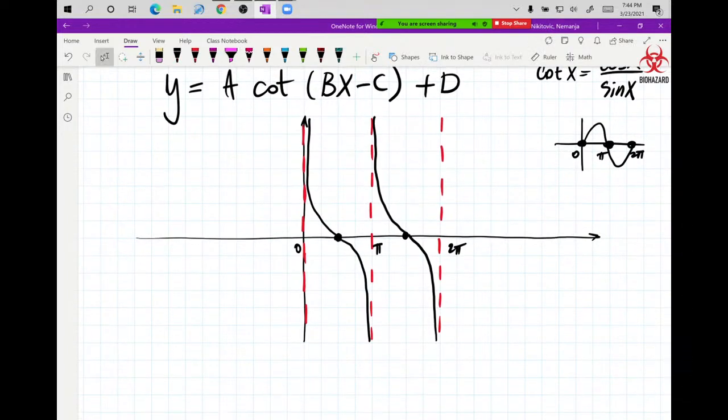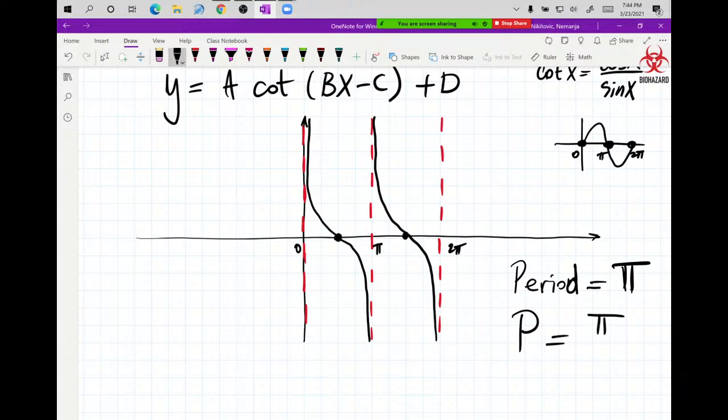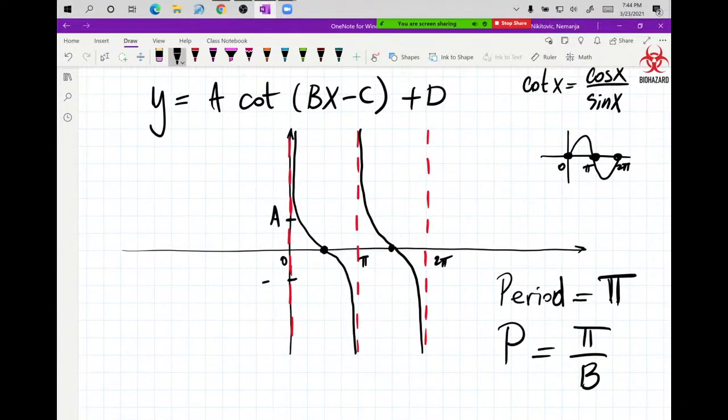So period is still pi, and the formula for period is still pi over b. Nice. The curvature is still going to tell you where a is, and negative a. So that's all the same as tangent.